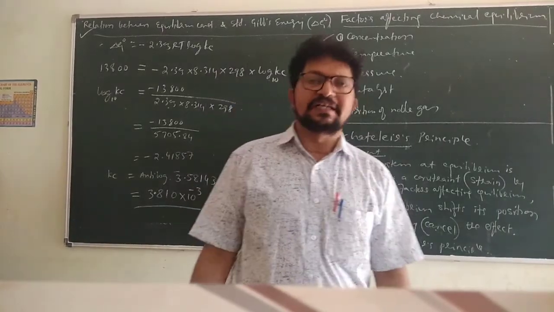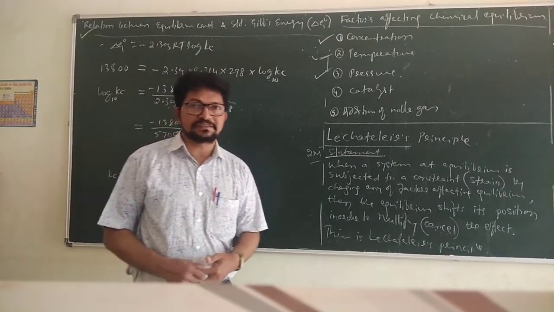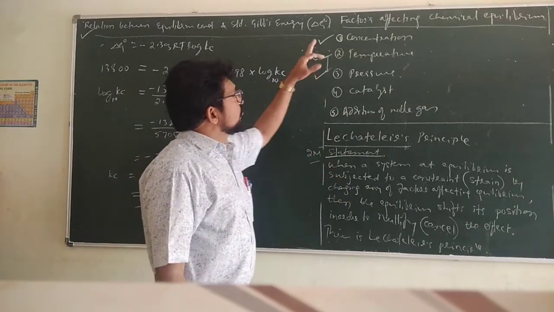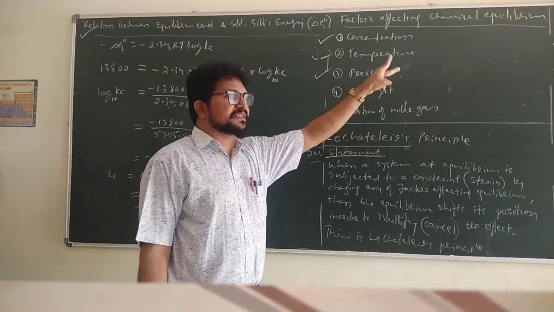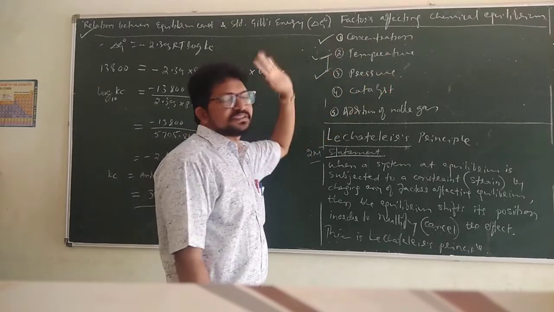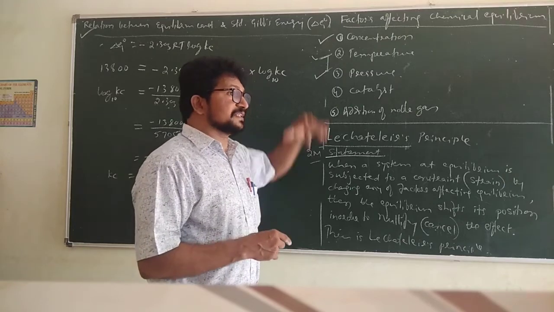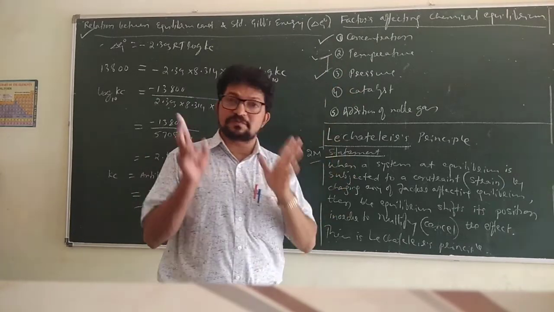Not that much detailed discussion is required. Is it right? So now these 2 points I will once again clarify. What are the factors affecting chemical equilibrium? Mention any 2 factors. You can mention only the factors. And how these factors affect equilibrium has been discussed by Le Chatelier in the form of his principle.